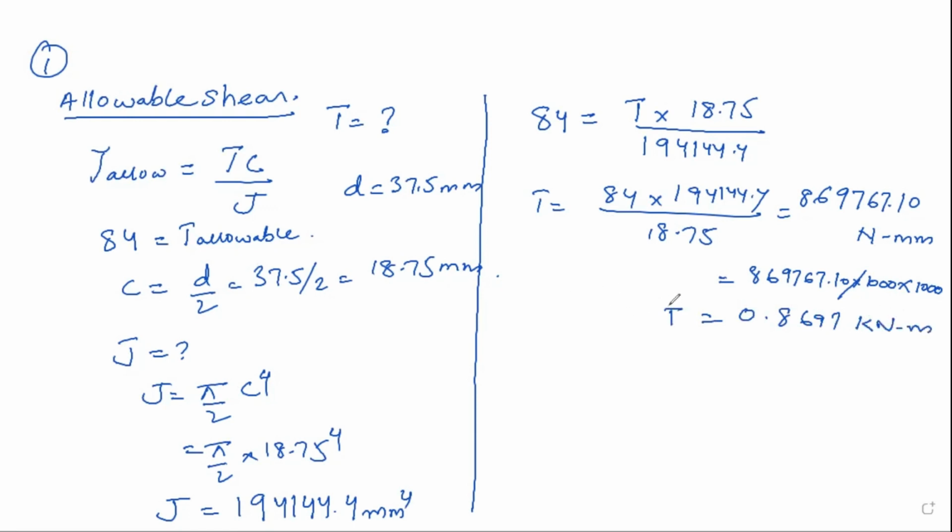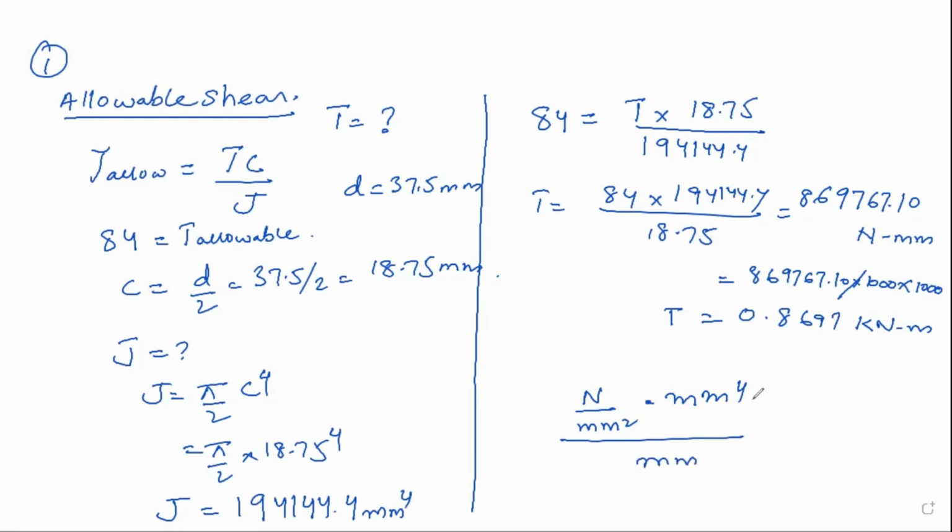Now, for the unit conversion, how the unit of T is working. This is 84 megapascal, and the unit here is Newton per millimeter square. The unit of J is millimeter power 4, divided by 18.75, which is C, and the unit is millimeter.